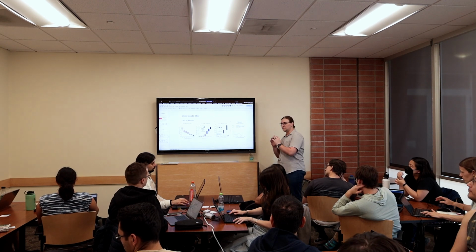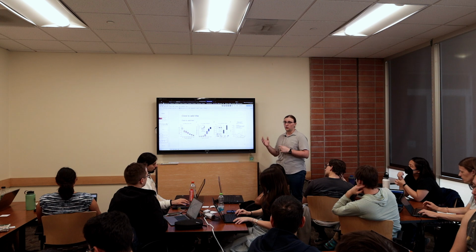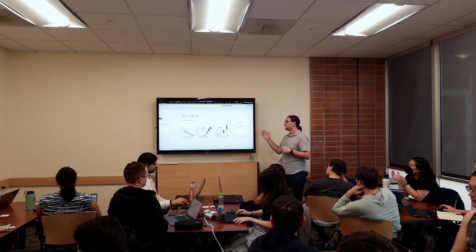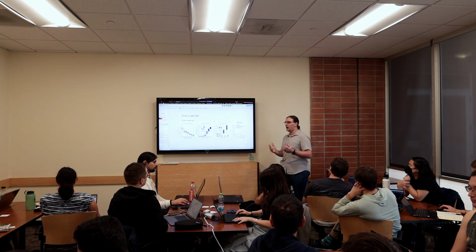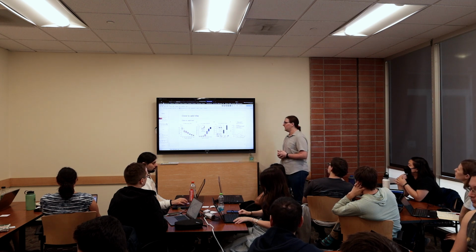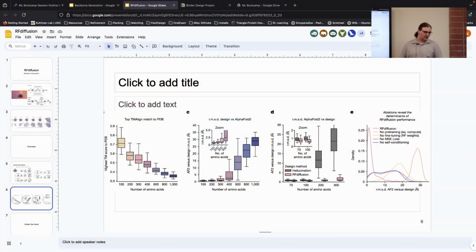And then you're able to condition it and fine-tune the model such that it's able to incorporate that information into the backbones that it's generating. And there are a lot of versions of RFdiffusion that they've fine-tuned. So you'll see a complex version, you'll see a beta version, which generates more beta sheets than alpha helices. They've generated a lot of different versions of these weights. We've downloaded a lot of them too.